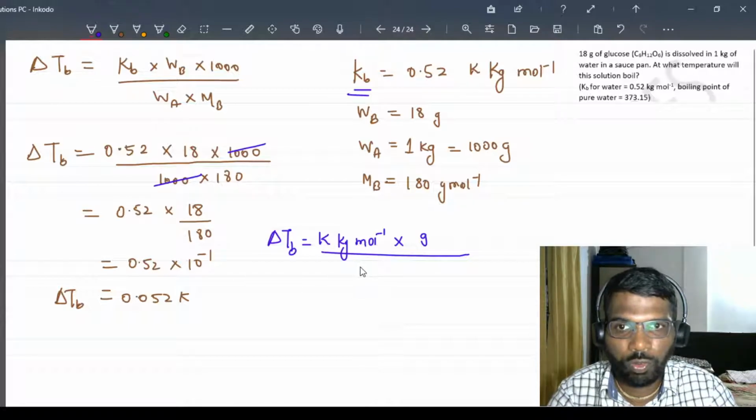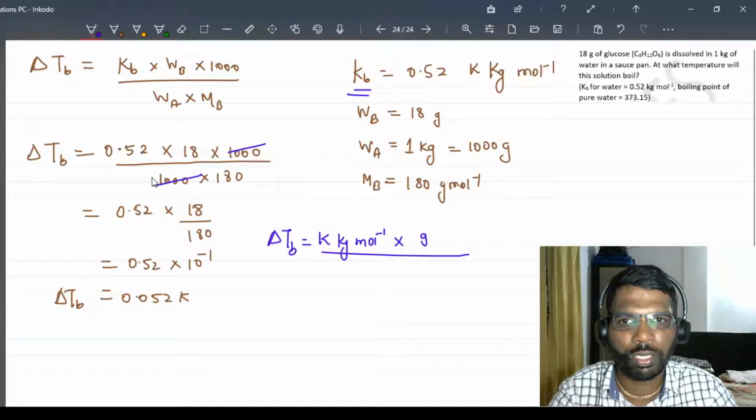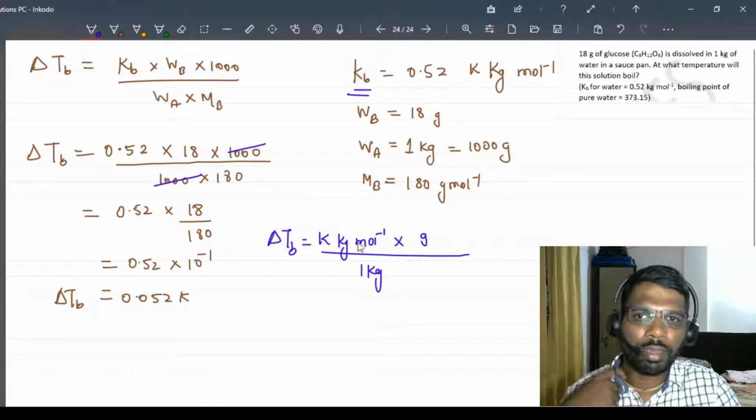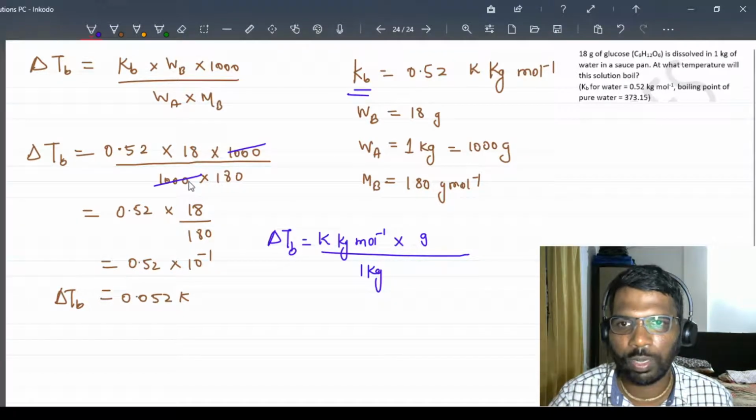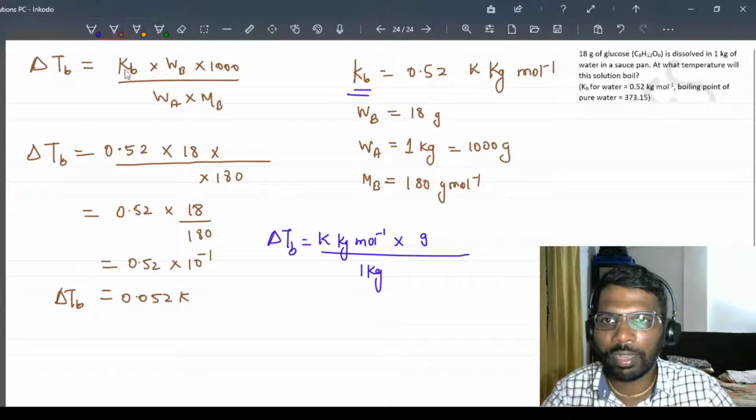Now we have to multiply this by 1000 only when we are taking the lower weight to be 1000 grams. But together, actually, it is 1 kg. It is as good as writing 1 kg. When you are writing this to be 1 kg, you are not writing this 1000. Remember. So I'll write it again here to be 1 kg.